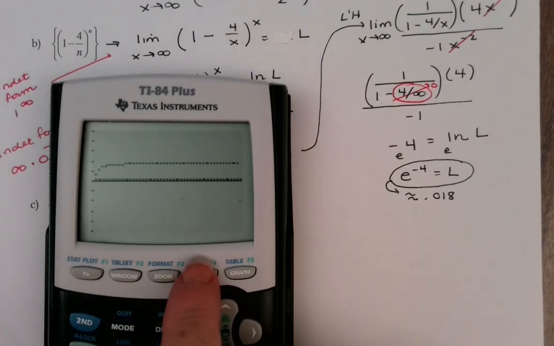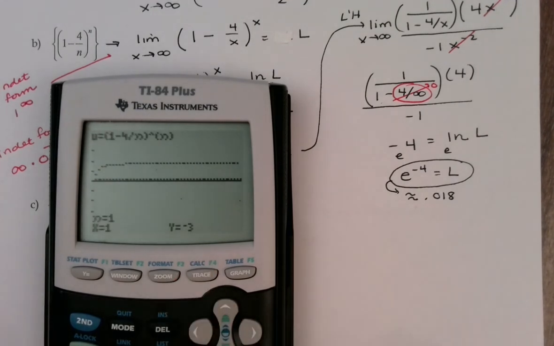So, if we were to trace this graph, watch what happens to those y's. 0.015, 0.016, 0.017, right? And notice how we're really leveling off on the actual appearance of the graph now.